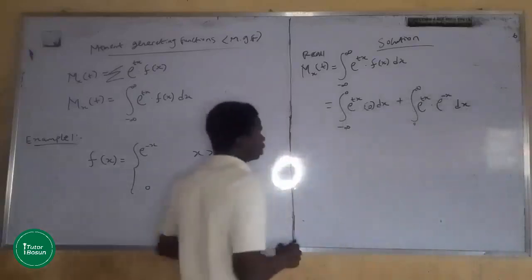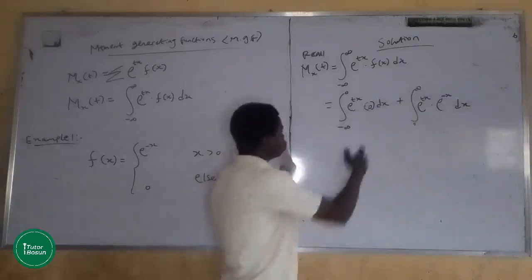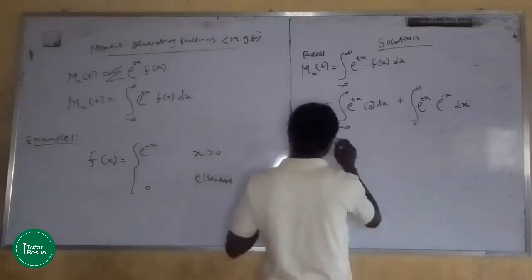Since the first part is multiplied by 0, everything there is going to be 0, so you will be left with this.